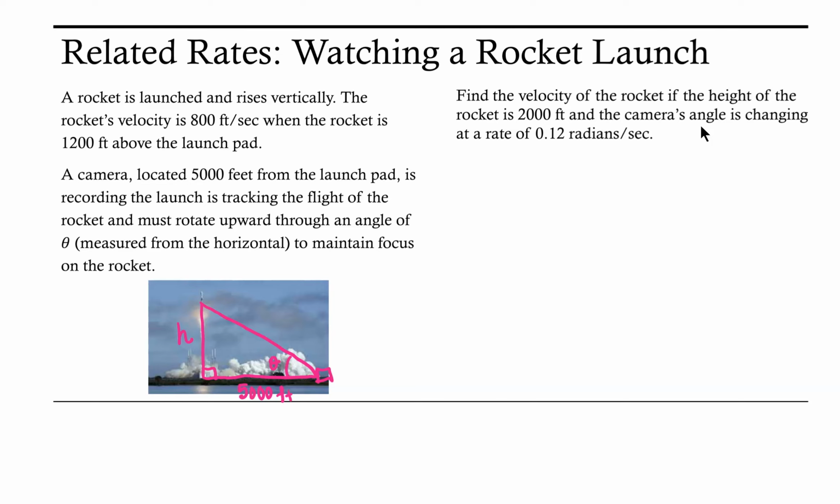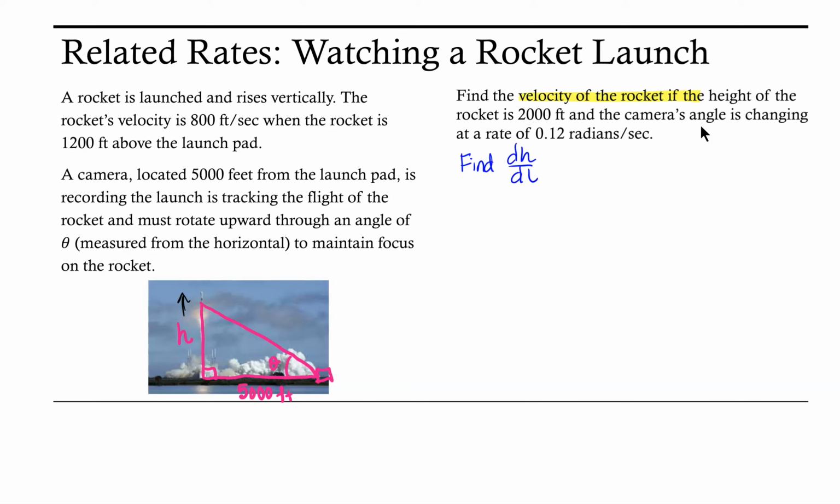And so let's translate what we're being asked to do here into mathematical notation. So first of all, we want to find the velocity of the rocket. Well, the velocity of the rocket is how fast this rocket is rising. So the velocity of the rocket is dh/dt, because h is what's measuring the height of the rocket.